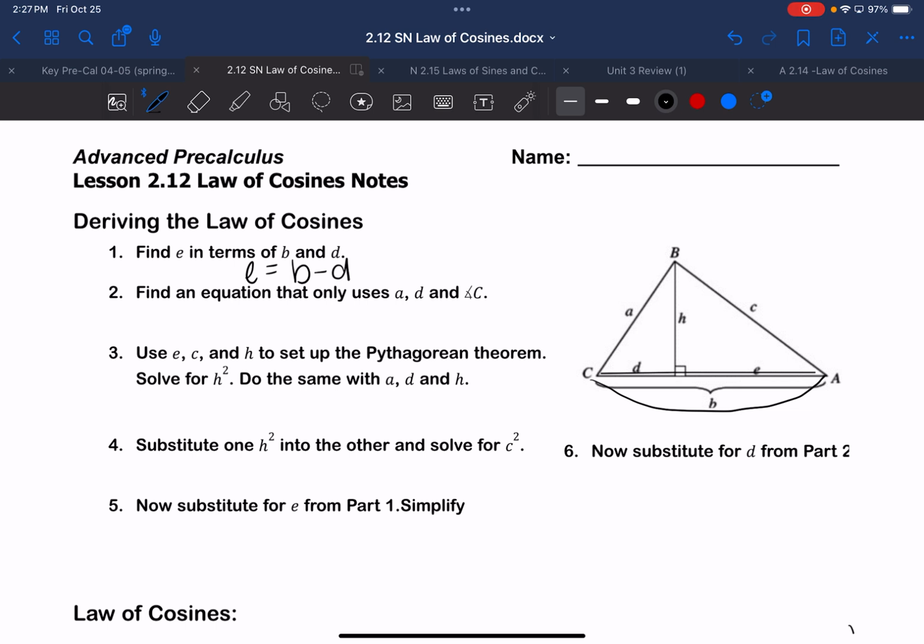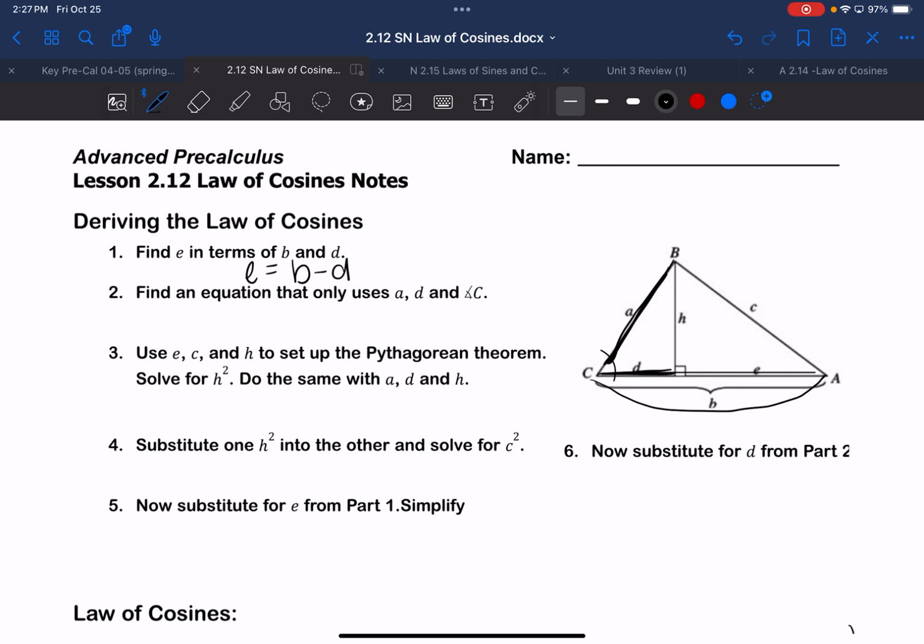Okay. Number 2 says, find an equation that uses only the sides A and D and the angle C. So I'm looking at angle C, and I want to use the sides D and A. So only those 3 variables to write an equation. Okay, well, what is side D to angle C?